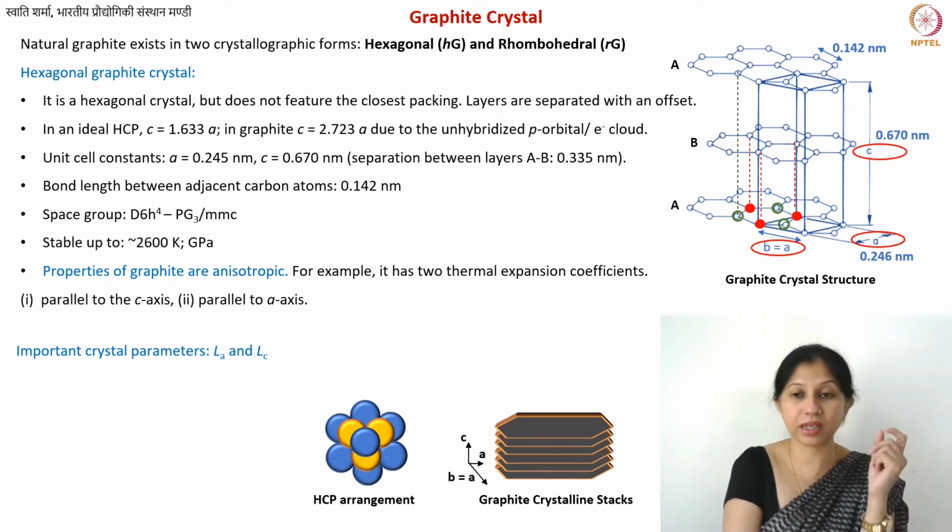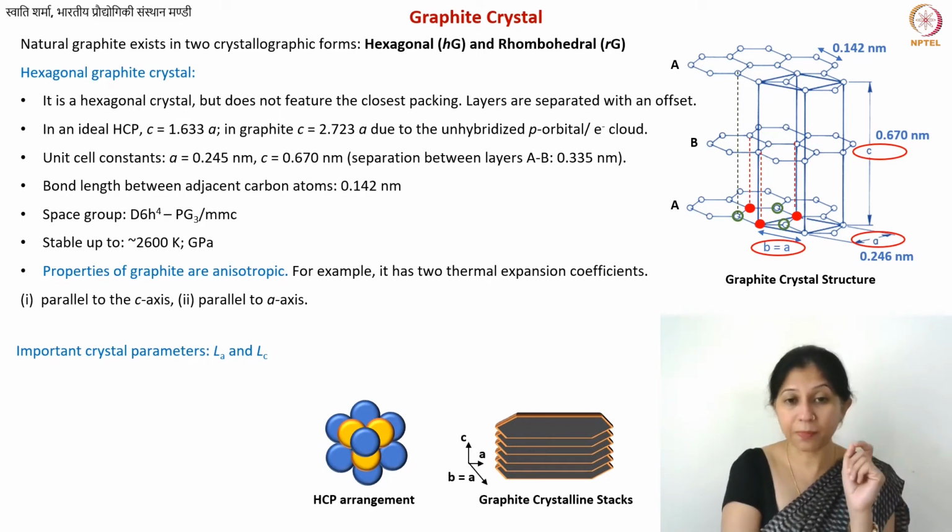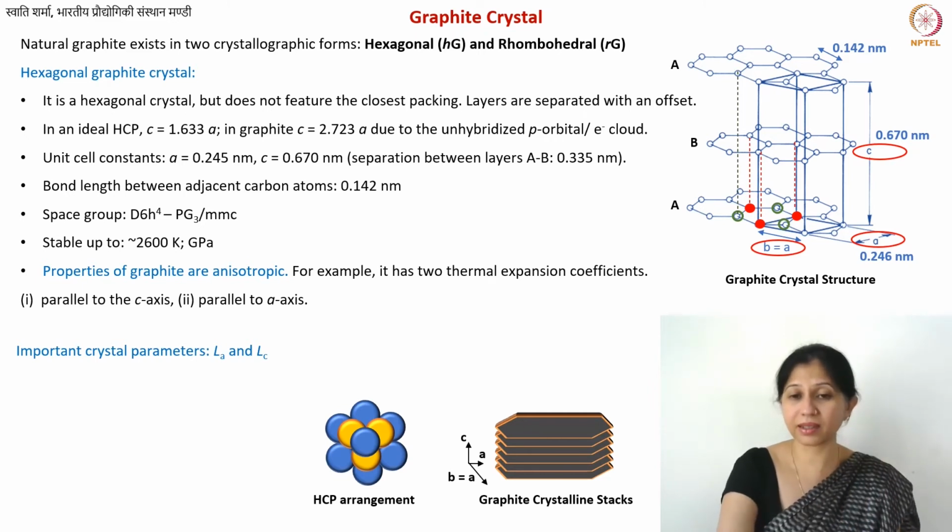Based on this, you will say it is a good crystal or a bad crystal, and in a lot of crystallographic and diffraction studies also, these are the two parameters that you use, LA and LC. So now I have shown here, let's say this gray color, this is a stack of graphite crystals. They don't need to be hexagonal, by the way. I have just shown that, let's say, all the sheets are hexagonal.